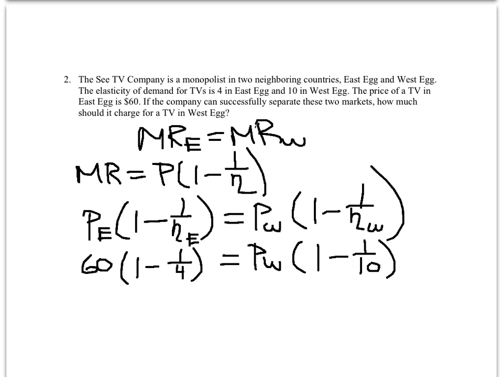We have 45 on this side, and down here we have 0.9 PW, so it looks like PW is going to be $50.